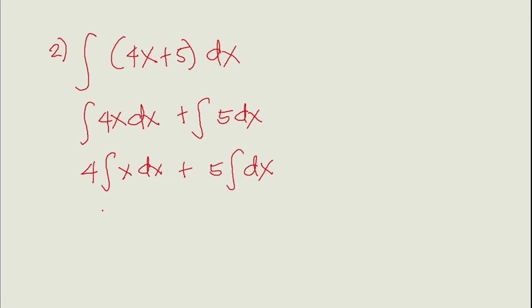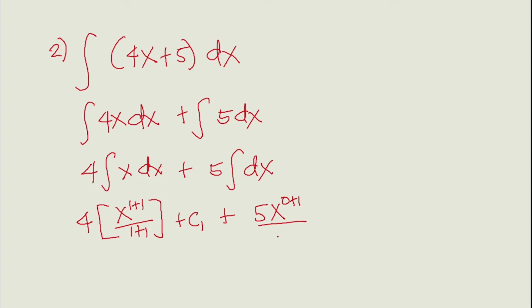Now we can integrate, by the use of I4: 4 times x raised to 1 plus 1 over 1 plus 1 plus c1, plus 5 times x raised to 0 plus 1 based on the illustration a while ago plus c2.